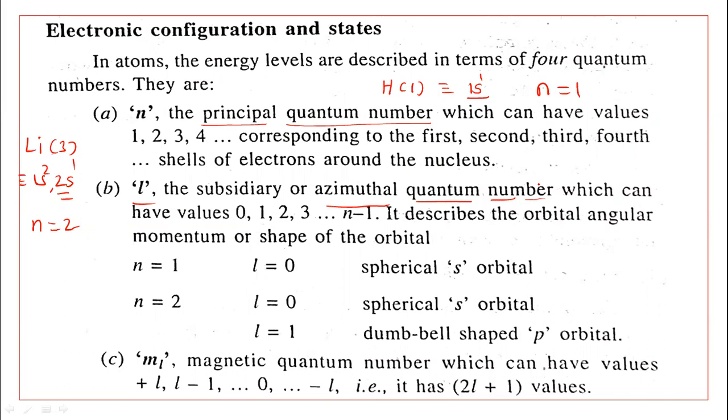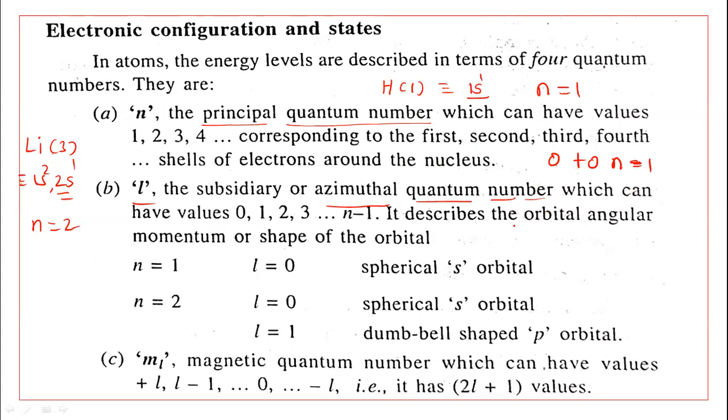N describes the principal quantum number. L describes the azimuthal quantum number, which can have values from 0 to n minus 1. Azimuthal quantum number.